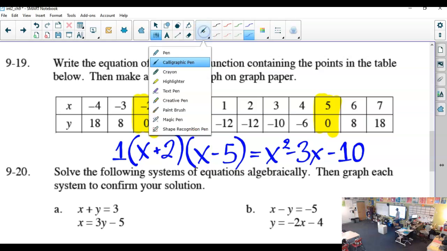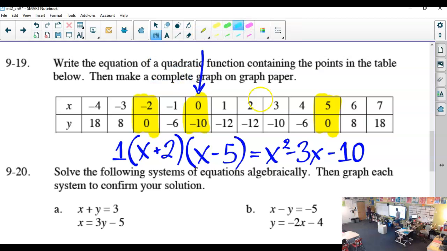It works for just one negative data point. This is interesting. Well, that means that the vertex is 1.5. Ah, that means the vertex is in between them. Exactly. So our vertex would have an x value of 1.5.